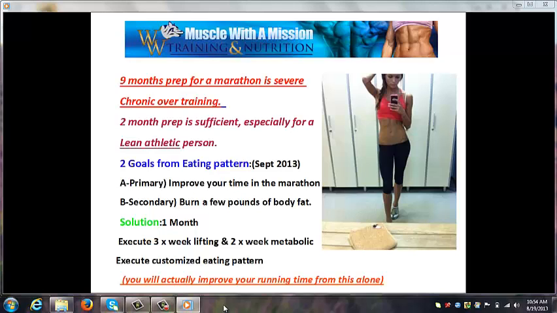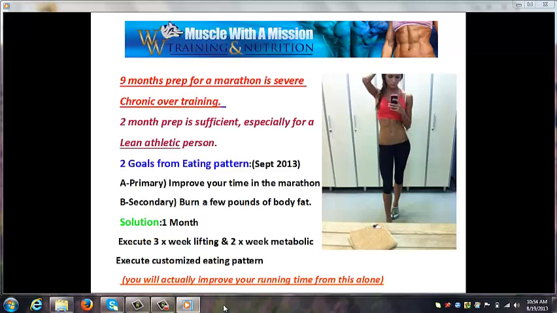If all you're doing is hills and distance running, a ground-based metabolic circuit will wipe you out. It will annihilate you. Not because it's 45 minutes long, because it's not, but only because it's 12 minutes long, and because you're recruiting musculature that you don't recruit when you run. And you're recruiting energy systems, metabolic, within the body, that you don't recruit when you run.